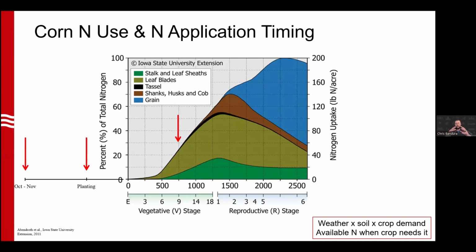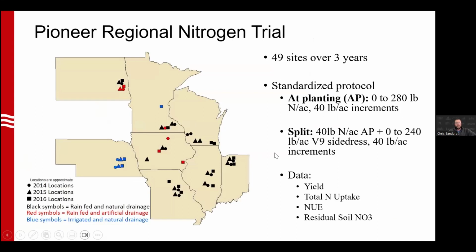And then ultimately we want to make sure we have available nitrogen to the crop when that crop actually needs it. So that just sets the stage for why considering an application timing is important. So with that, let's dive right into the first study that I'd like to review with you all today.